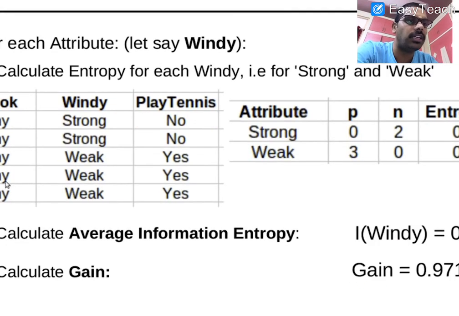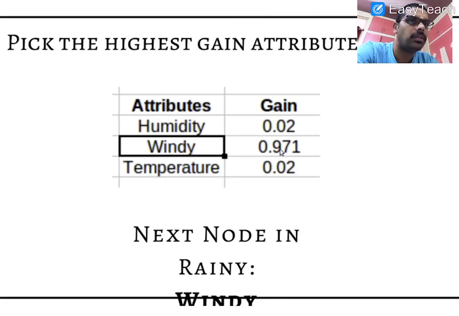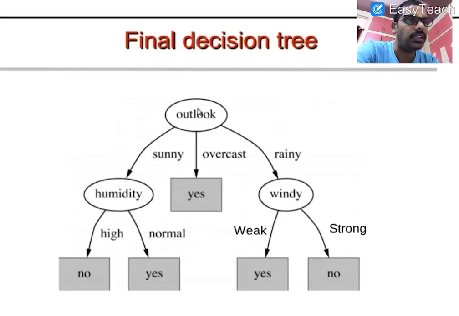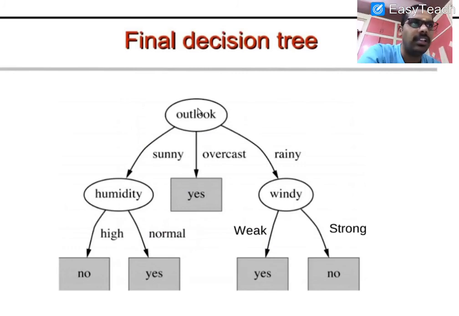And then we are going to calculate the information gain for windy, and temperature, and now these are the values. Humidity is 0.02, windy is 0. So windy will be the next node in the rainy. Windy will be the next node. Weak and strong, yes and no. So this is the final decision tree which we have constructed.